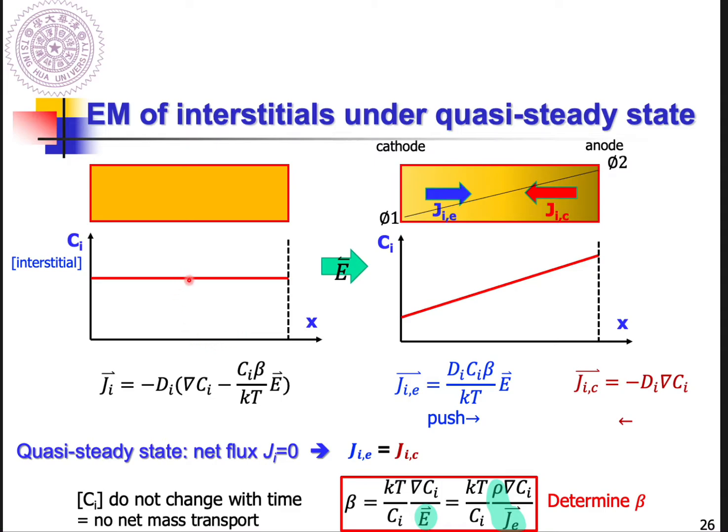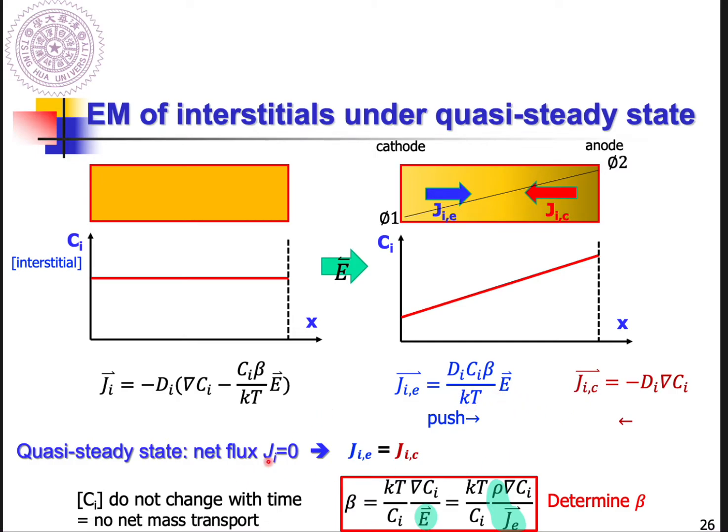In the beginning, you have your material with dilute doped interstitial atoms in the metal. Then you apply the electrical field with the direction toward the left-hand side. And as long as the concentration profile of these interstitial atoms does not change over time at this moment, that implies the magnitudes of these two fluxes are the same.